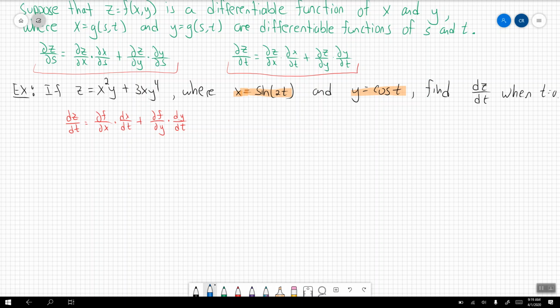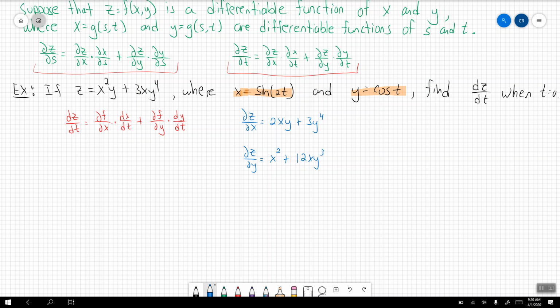First, we're going to figure out what the partial of the function is with respect to x. And let's work on that. So the partial of the function with respect to x is going to be 2xy plus 3y to the fourth. We also need the partial of z with respect to y. That's going to be x squared plus 12x y cubed.